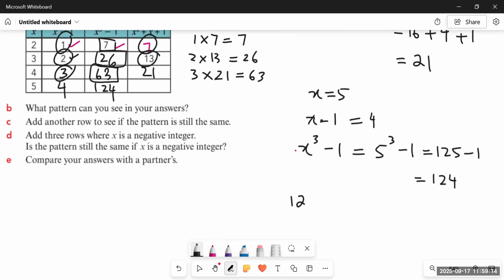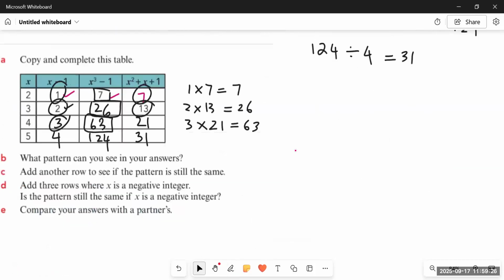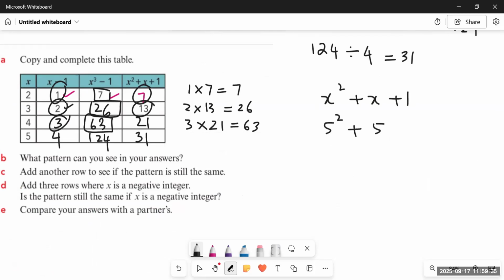So 124 divided by 4 is equals to 31. Here comes 31. And now if you solve it, you will find that that's the answer to column number 4 for this part. You see, if we have x square plus x plus 1 as 5 square plus 5 plus 1, it would be 25 plus 5 plus 1 equals to 31, you see.